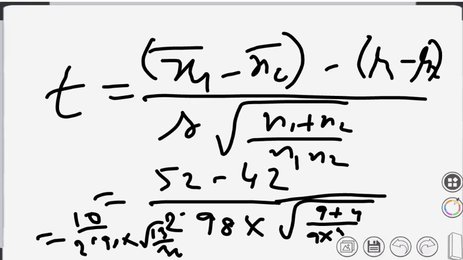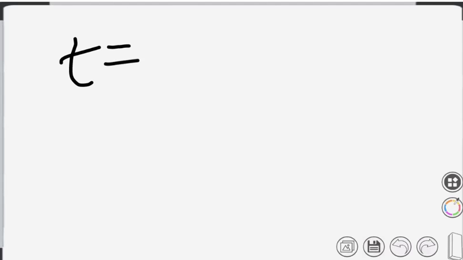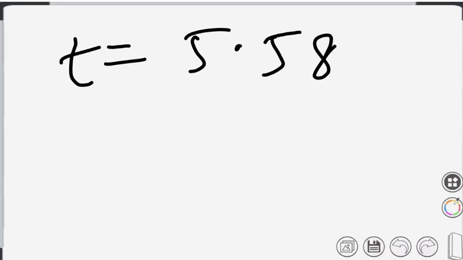So what we get is 1.79 inverse. ওরে বাবা তো বিশাল বড়, into 10. How much is the value? কত এসেছে? 5.58, 5.58, right? So the value of t that we get is 5.58. So t equals to 5.58. Now I have to look at the table of t.